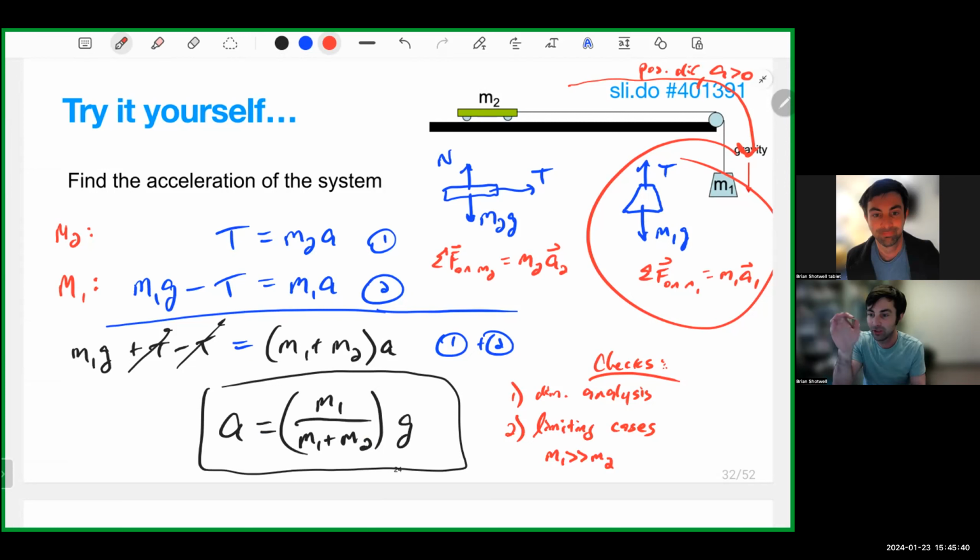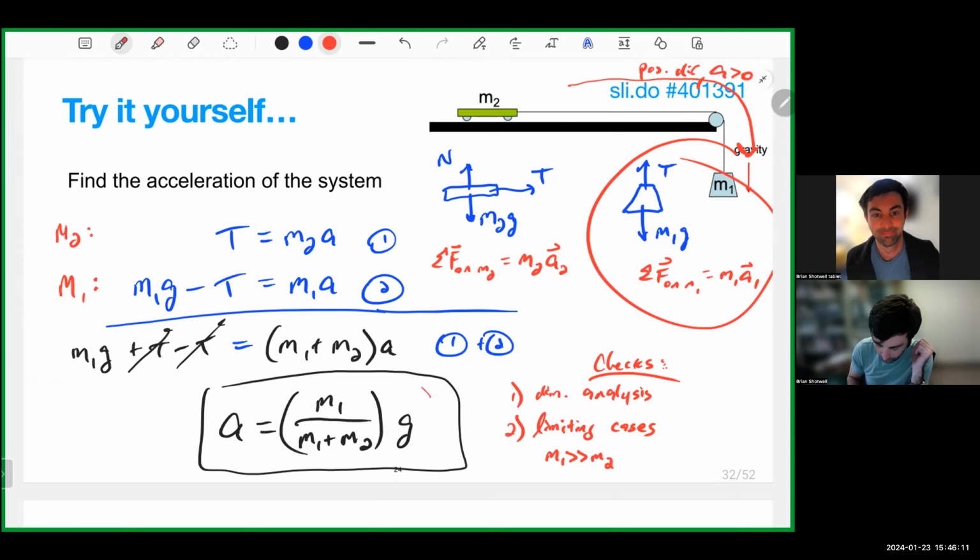It doesn't really take much of anything to accelerate the speck of dust. Imagine that the rope is tied to basically nothing. M1 is just going to fall down at g, 9.8 meters per second squared. So, not even looking at the answer right now, we would expect that in the limit M1 much bigger than M2, the acceleration of the system should be g, because M1 is basically just falling on its own. There's nothing holding it back at all.